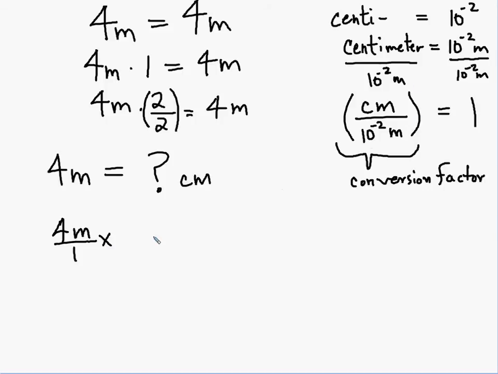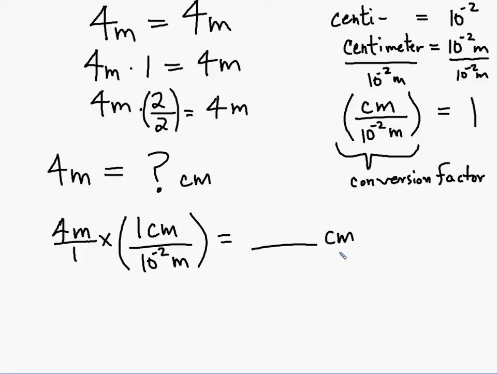I know if I multiply it by 1, I won't change the value, only the units. Here's my conversion factor. 1 centimeter is equivalent to 10 to the minus 2 meters, which means this is equal to 1. And that's going to give me some value, and it will be in centimeters.